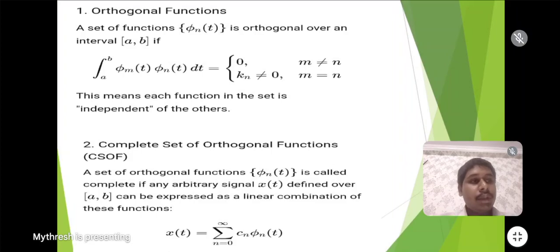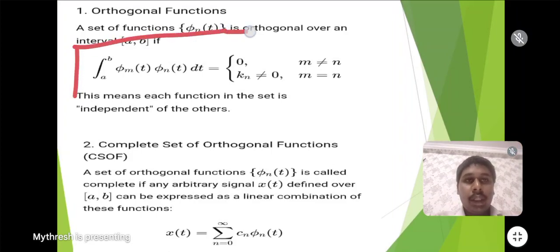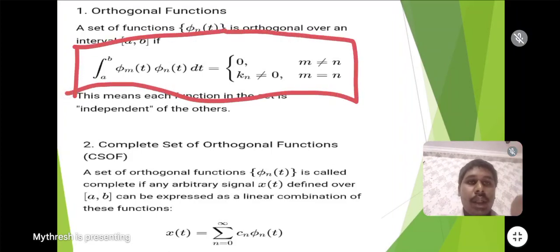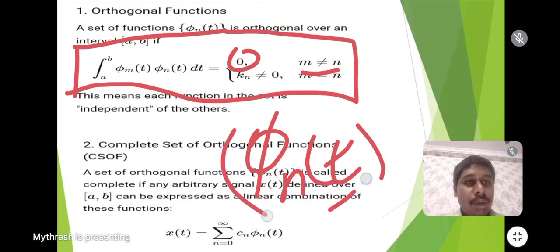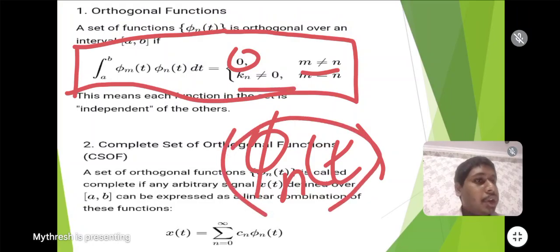So here are the conditions for orthogonal functions. In a given interval, a set of functions is said to be orthogonal if, assuming phi of n of t are the set of orthogonal functions, taking one function from here, when it is not equal to n, the result is 0. It means the function is orthogonal with respect to this one, and if it is not equal to 0, then the function is not orthogonal.